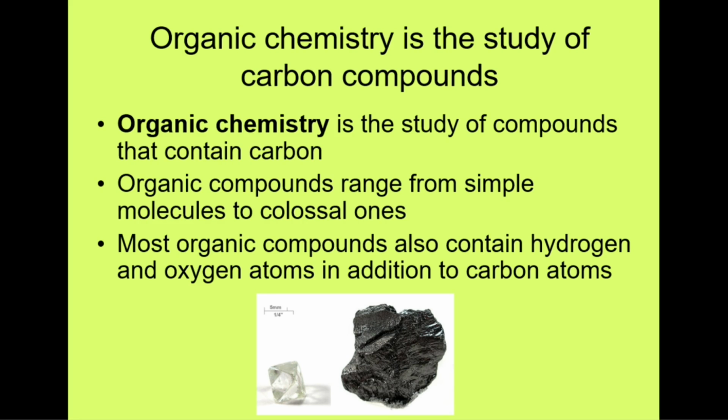They're not the size of a building or anything, but they're made up of hundreds or thousands of individual atoms. And we're going to start investigating these over the coming lessons. And what we'll also see is that most of these organic compounds, along with carbon, also contain hydrogen and oxygen, and we'll see nitrogen crop up quite a lot as well.